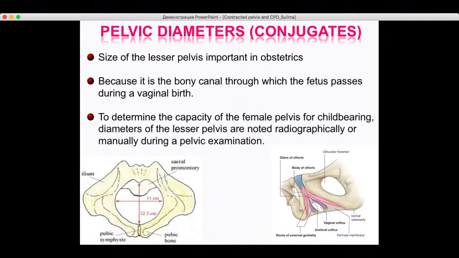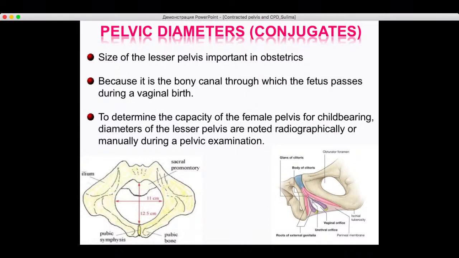To determine the capacity of the female pelvis for childbearing, diameters of the lesser pelvis are noted radiographically or manually during a pelvic examination. Of course, usually we do it manually, and in very rare cases, maybe a rare form of contracted pelvis, we use X-ray examinations.